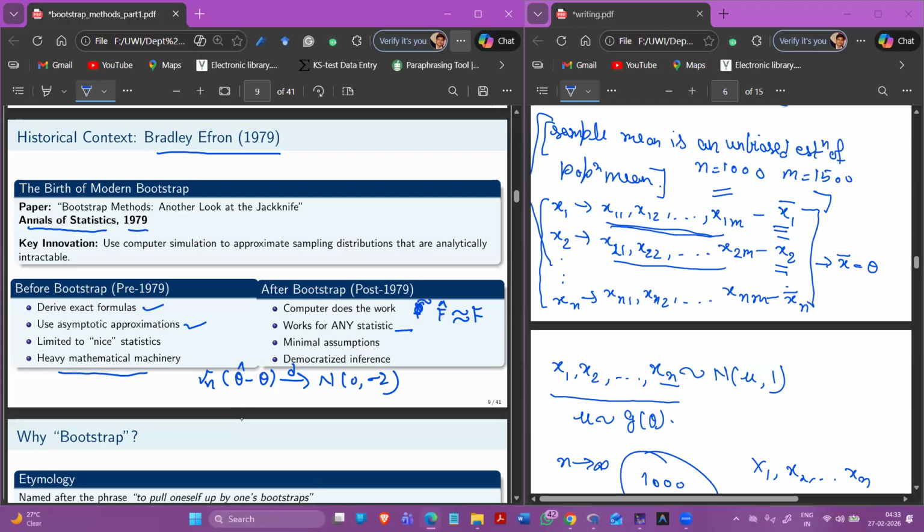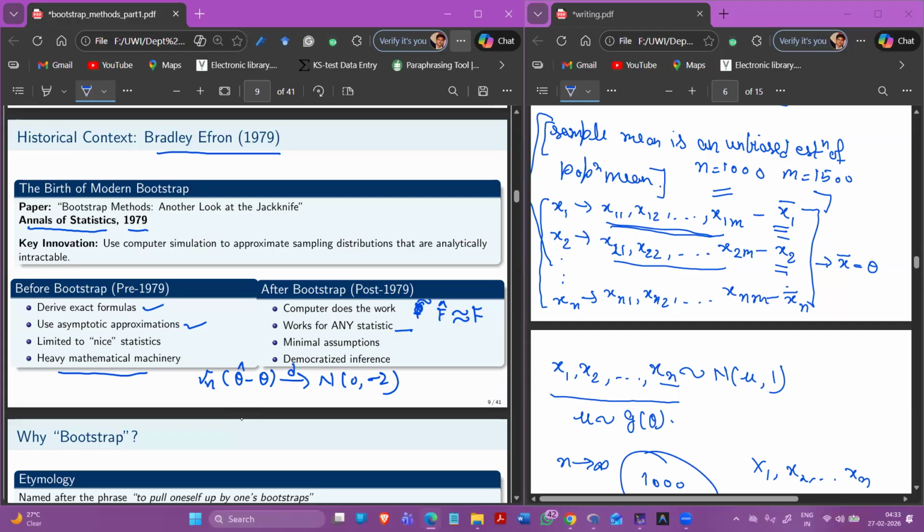So after that, the third thing is to democratize the inference. It means before 1979, before this paper came, advanced inference required deep theoretical training. They basically needed the population distribution to be known. All right, parameters should be known.